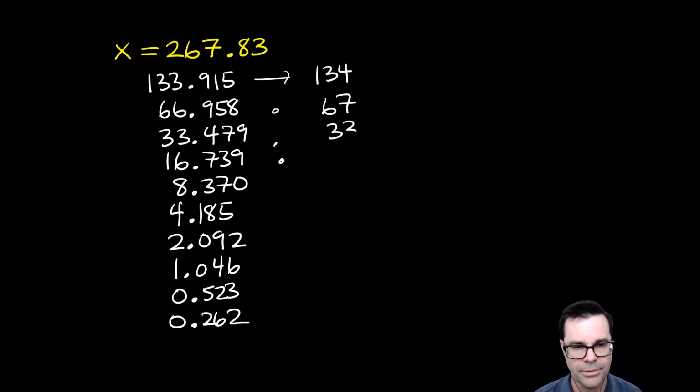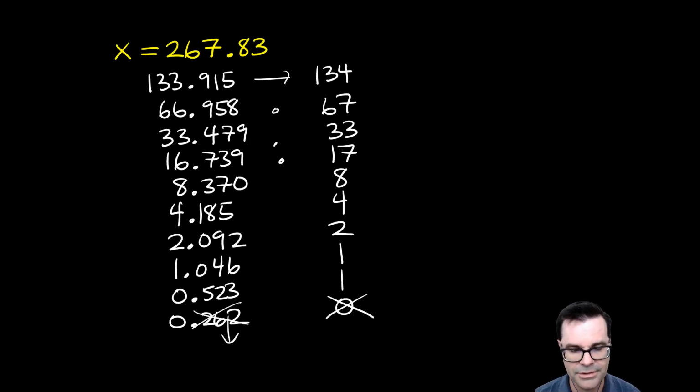Now here I'm going to round down to 33.479. That's just closer to 33. 16.7 is going to round up to 17. 8, 4, 2, 1. 0.523 just barely rounds up to 1, and then 0.262, of course, is 0, and everything from there on out, of course, is going to give me 0.